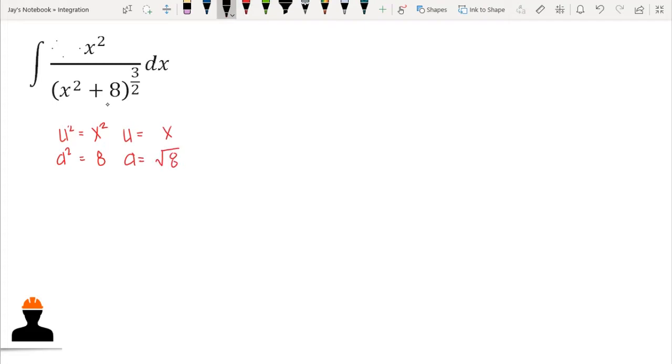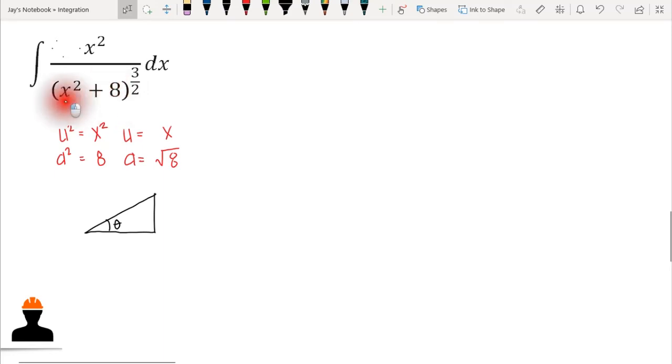So, let's try to change this variable x into a function of theta. Again, we need to plot this in our right triangle, in which our u here is x. Take note that since we have a plus sign in between two terms, neither of these terms is the hypotenuse. So x is the opposite and this is the adjacent.